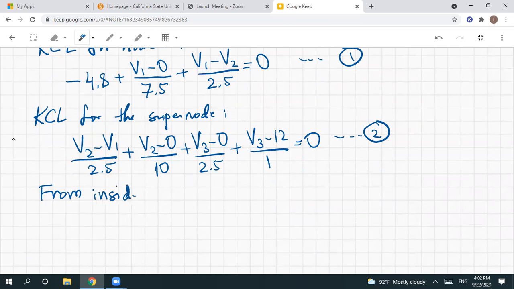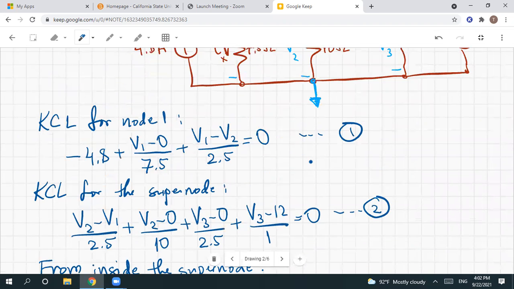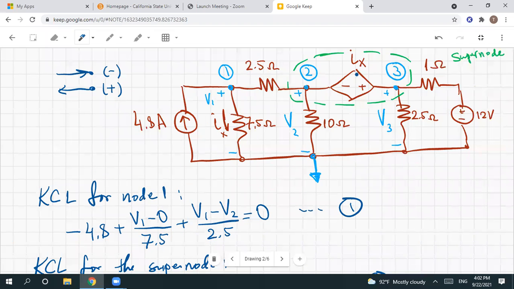So what we have inside the supernode, now we will see. Let's have a look at the inside of the supernode. So I have here a voltage source, dependent voltage source, and this voltage source is current controlled because its value is given as a current.